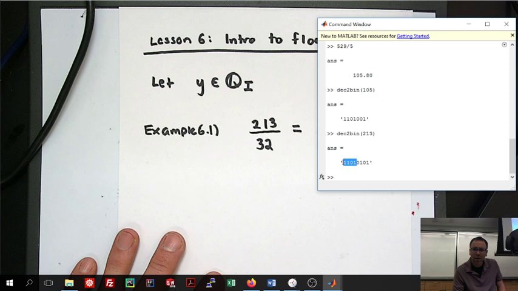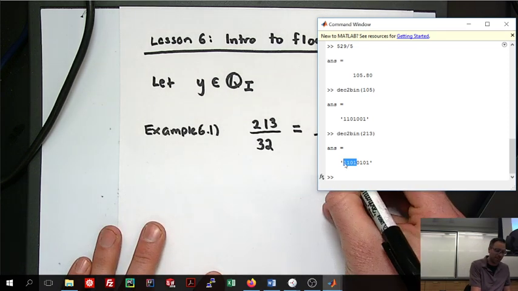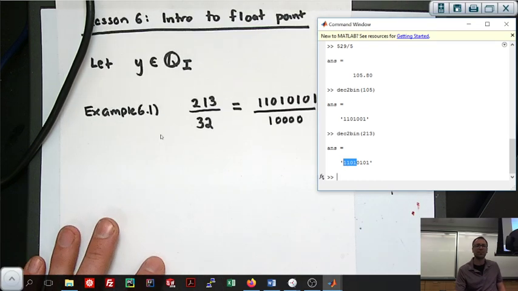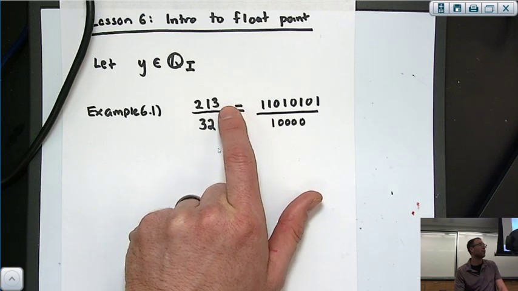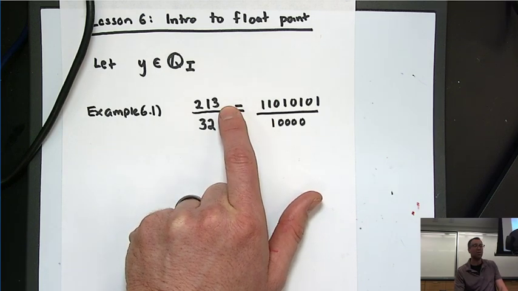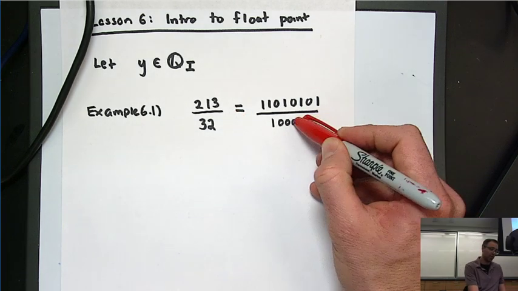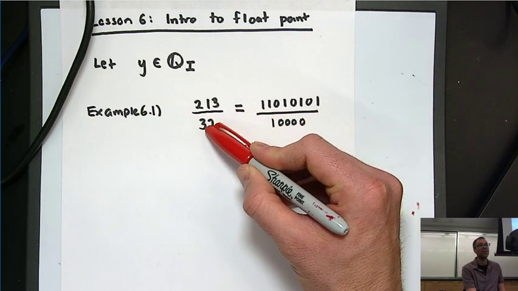And on the bottom, what do I have? I've got a 1 followed by 4 or 5 zeros. Let's see. 0, 1, 2, 3, 4. But really I want 5.